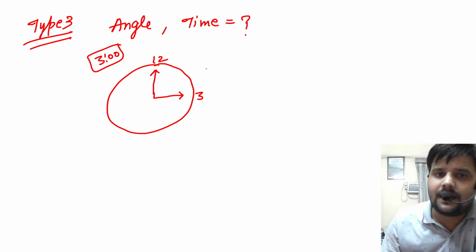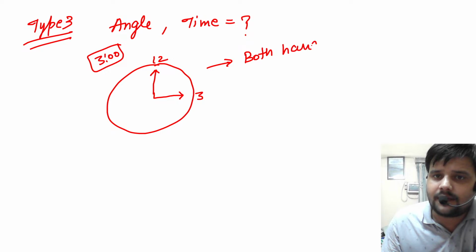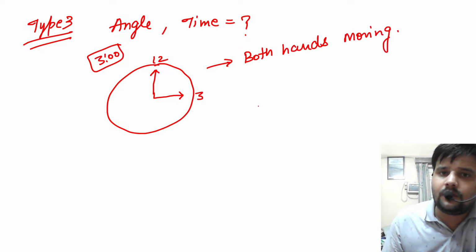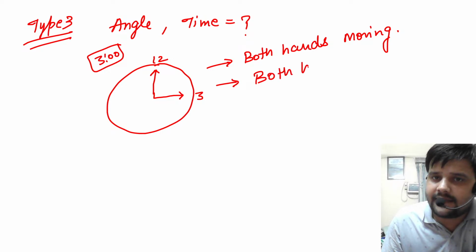Now, what we know is that in a clock both hands are moving. Second point is both hands are moving in the same direction.